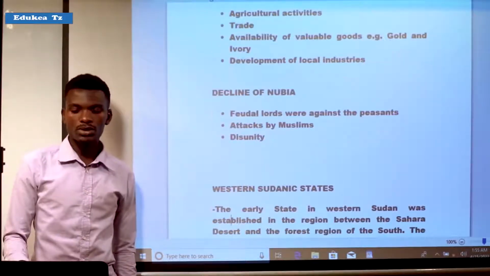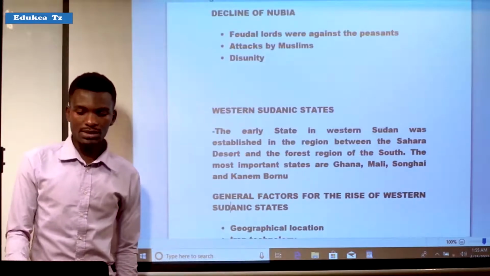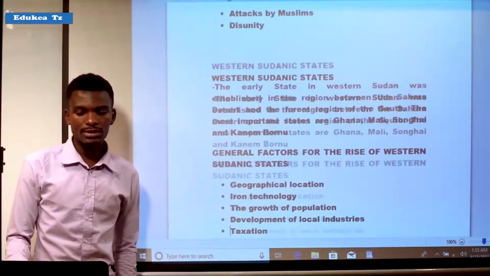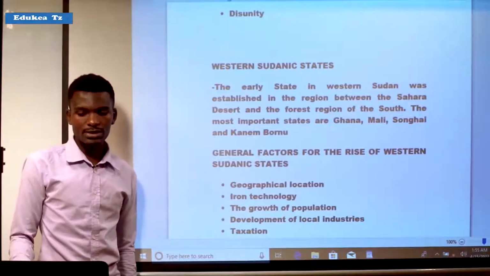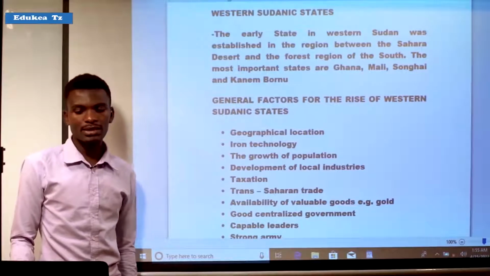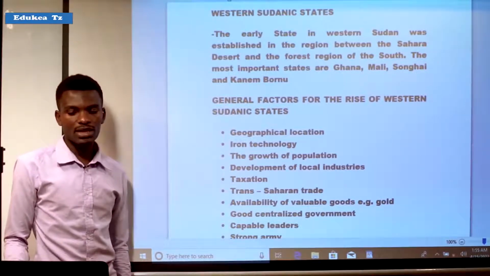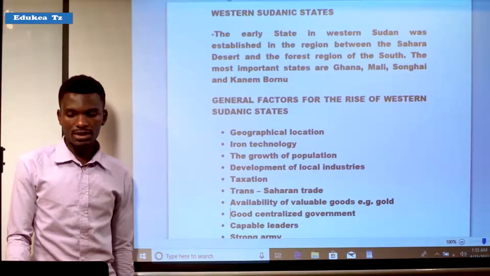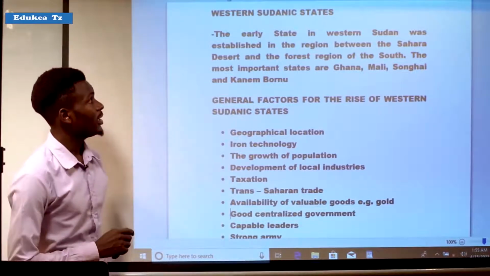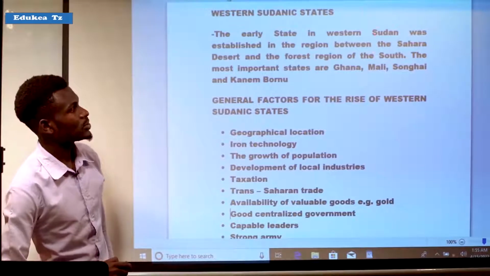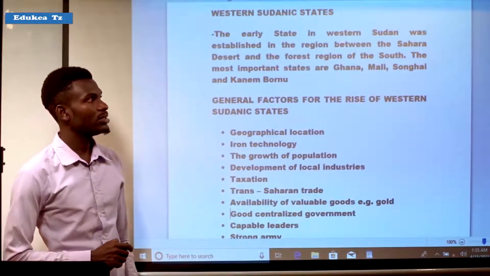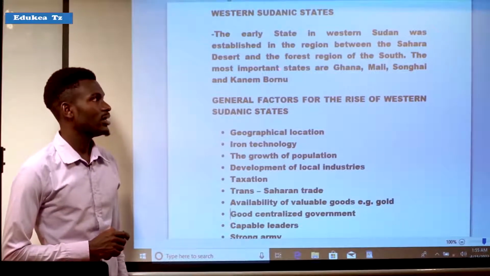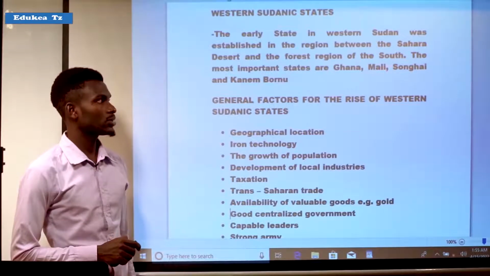After looking at the Nubian states, Ethiopian states, and Egyptian states, let us see the Western Sudanic states. The early states in Western Sudan were established in the region between the Saharan Desert and the forest region of the South.